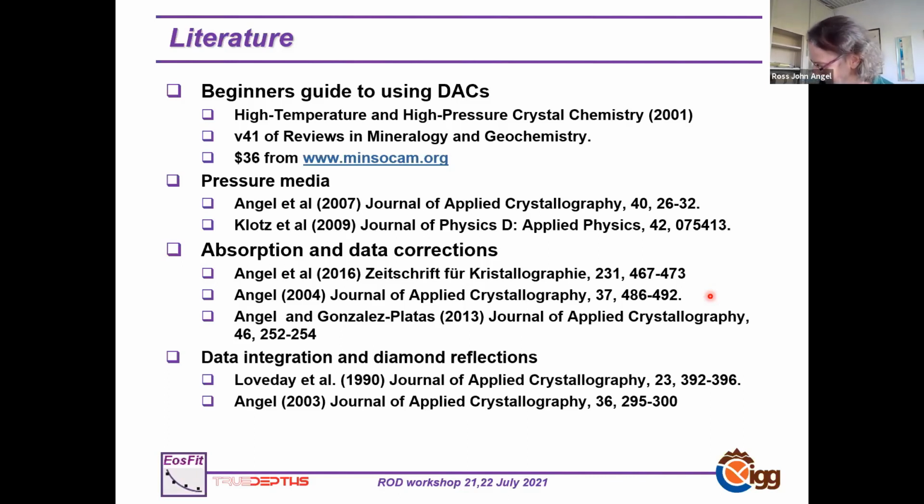If for some reason you collect data that has that problem, you will still have problems in integration. But when it comes to absorption corrections, if you then use the Absorb program, there is a facility in Absorb to take care of that extra cell rotation.